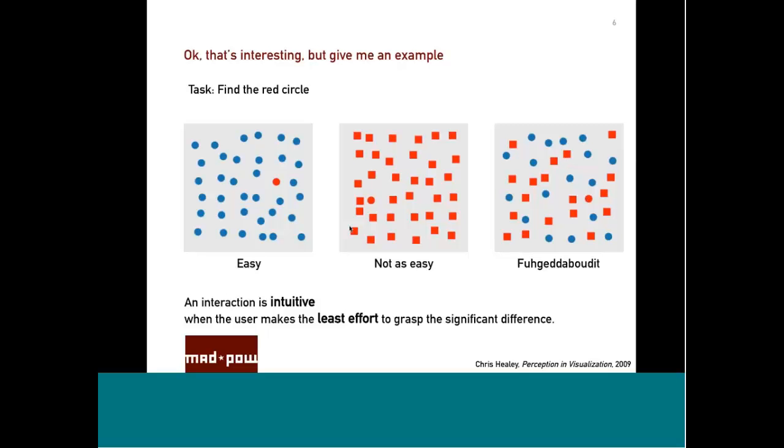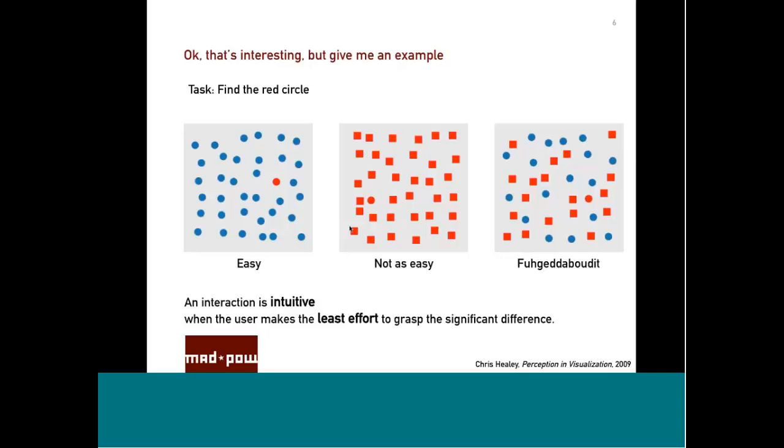The task for each of these pictures is to find the red circle. The one on the left is very easy to do. The red circle pops out, doesn't require much thinking. The one in the middle requires a little more serial processing, a little more thinking by System 2 in order to find that red circle in a sea of red squares.